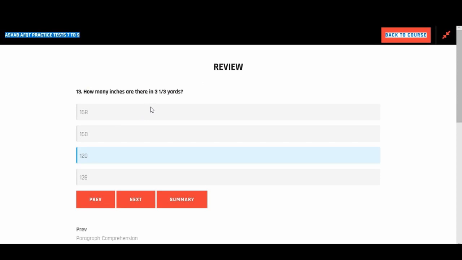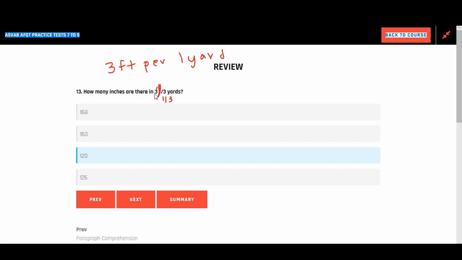Number 13 says how many inches are there in 3 1/3 yards? So you have to know some general measurements to be successful on the ASVAB. There are 3 feet in every yard. Okay, so let's forget about the 1/3 right now.